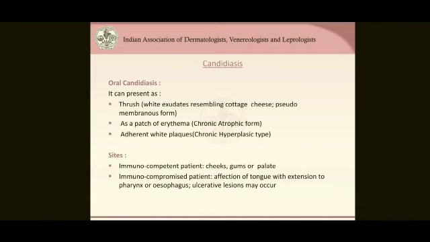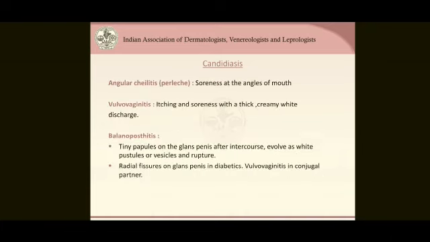Site of involvement: in an immunocompetent patient, it will be seen on the cheeks, gums and palate. Whereas in an immunocompromised patient, it will affect the tongue with extension to the pharynx, esophagus, and even ulcerative lesions may occur.